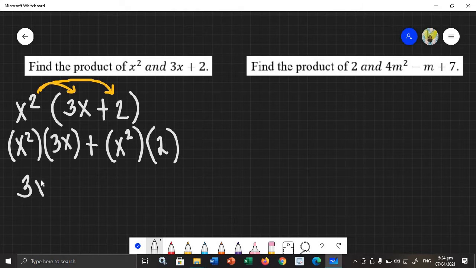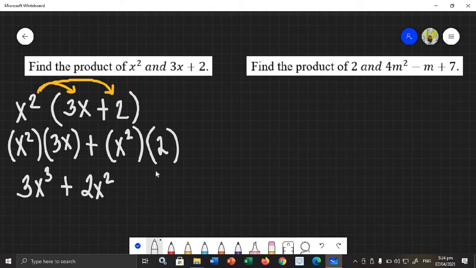So, therefore, x is now raised to the third power. Okay? Plus x squared times 2, this is a variable and a constant. So, pag pinag-multiply natin siya, we will just combine them, making sure that the number will be the first one written before the variable. So, x squared times 2, the answer is 2x squared.